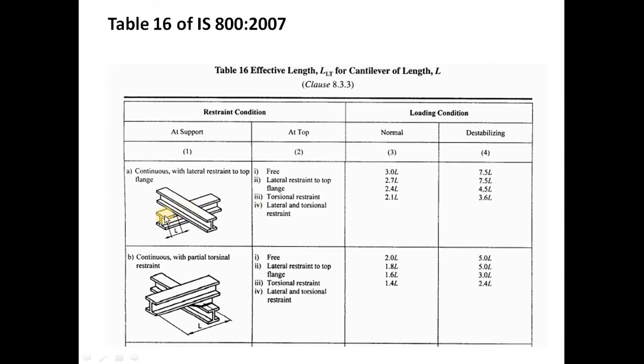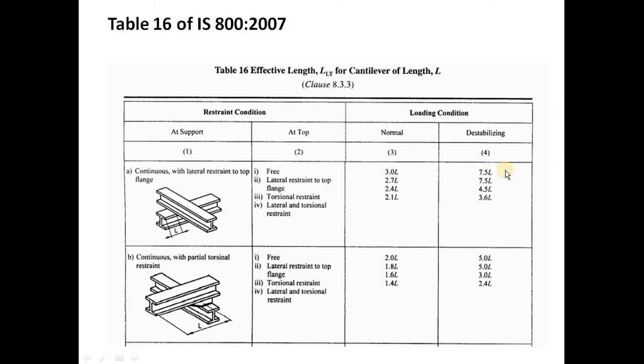If this is your cantilever beam and L is the span of the cantilever beam, how do you take the effective length? When you see the top of this beam, if it is free at the tip, under normal conditions you have to take the effective length as 3L, and under destabilizing conditions you have to take it as 7.5L.